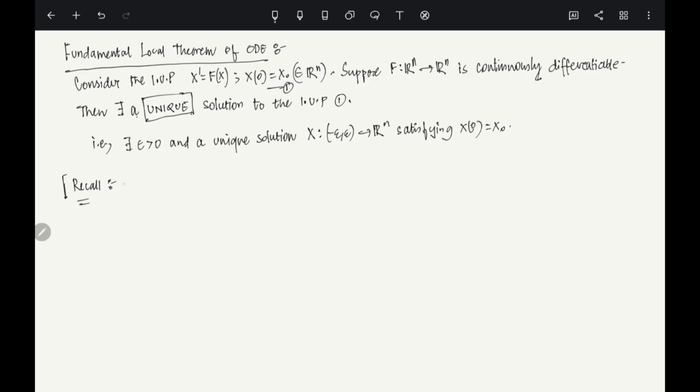Okay, see that, let omega, a subset of Rn, be an open set. So I am looking for an open set. A function capital F from omega subset of Rn to Rn. Clear?